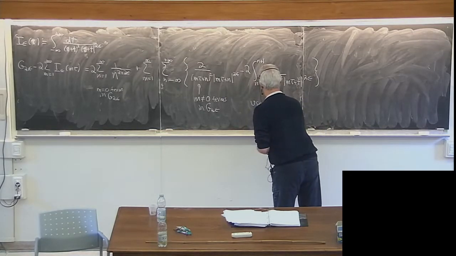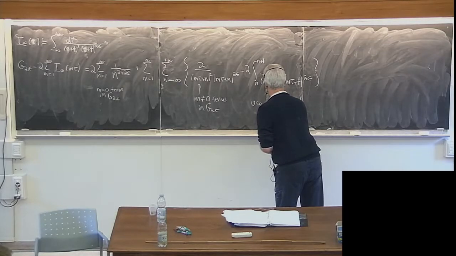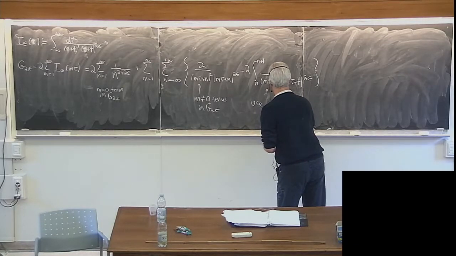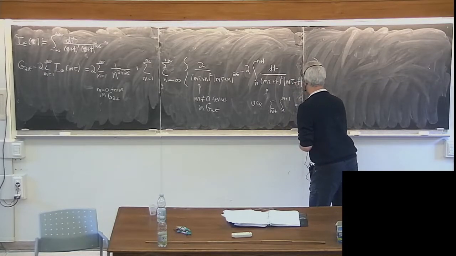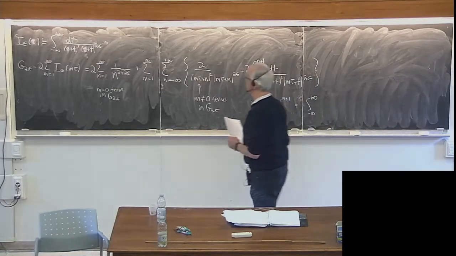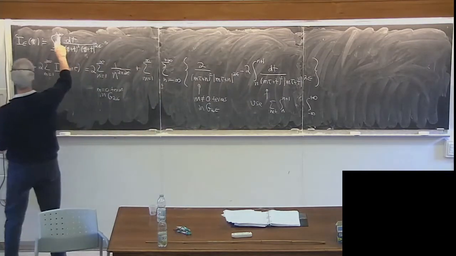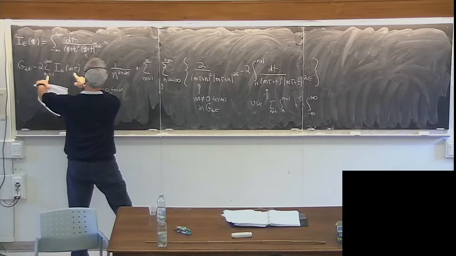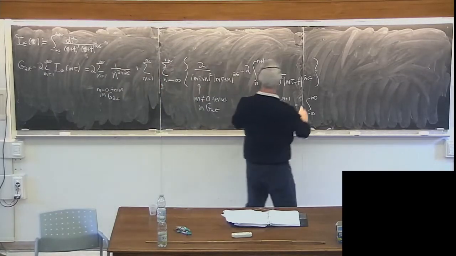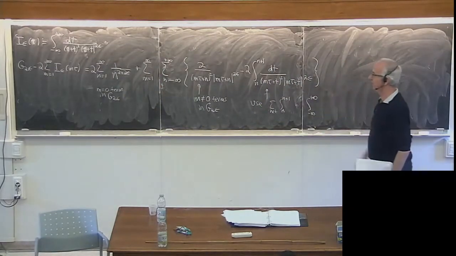And this term is that sum on the integrals, using the fact that if I sum on all integers n, the integral from n to n plus 1 is the same as the integral from minus infinity to plus infinity. So we've taken this integral from minus infinity to plus infinity in I epsilon, summed over all m's from 1 to infinity, and written it like this.